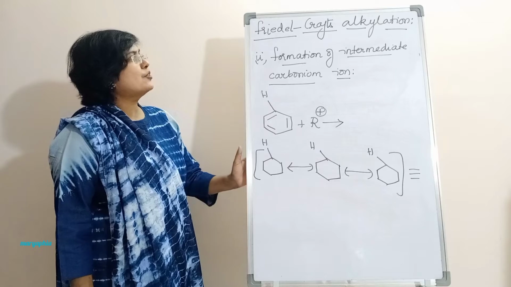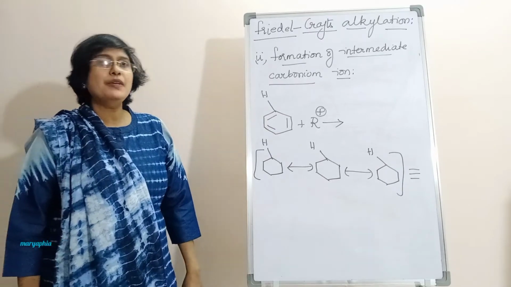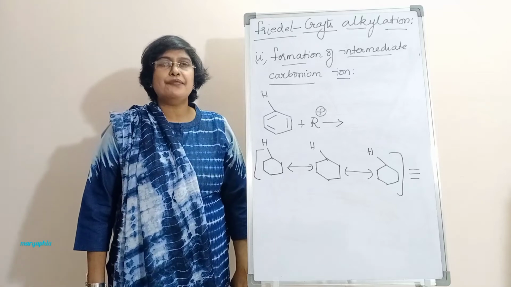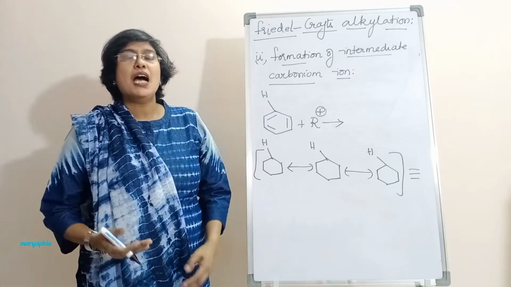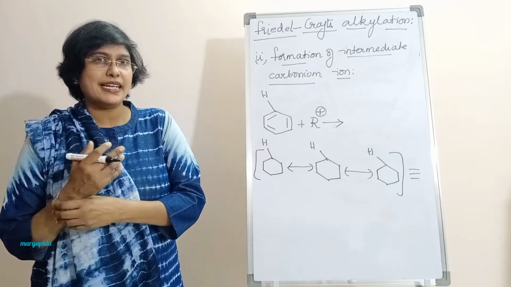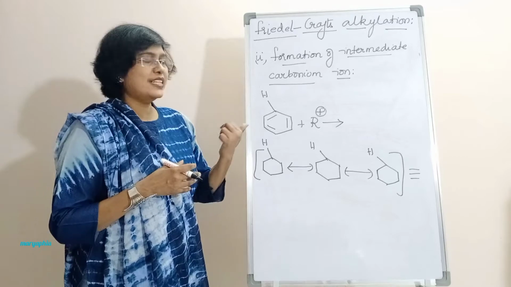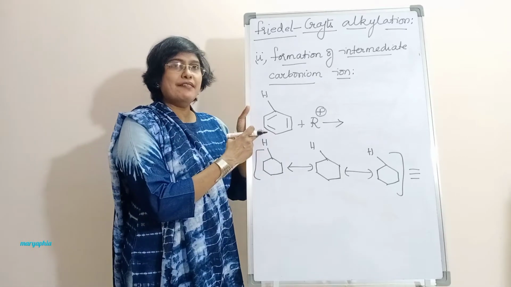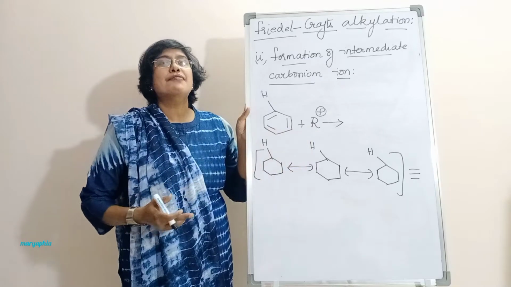Next, second step, students, formation of the intermediate carbonium ion. The electrophile which is generated in the first step, how does it get involved in the second step? As it approaches benzene, look here, I have written the benzene ring plus the electrophile generated in the first step.